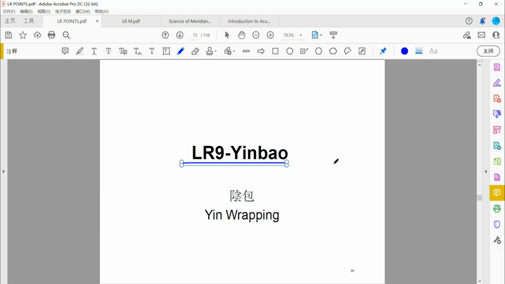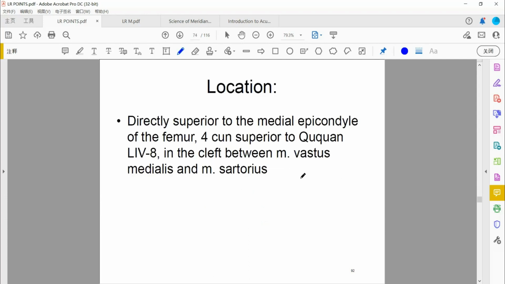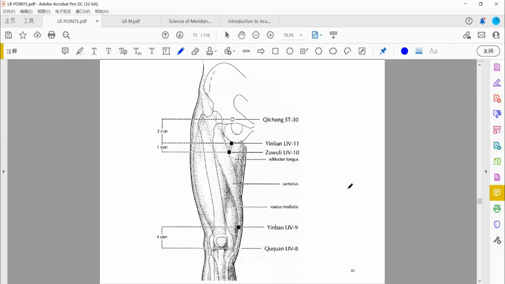Liver 9, Yinbao. Directly superior to the medial epicondyle of the femur, 4 cun superior to Ququan, Liver 8, in the cleft between vastus medialis and sartorius.